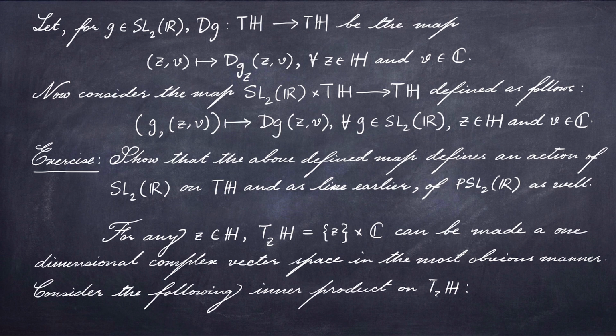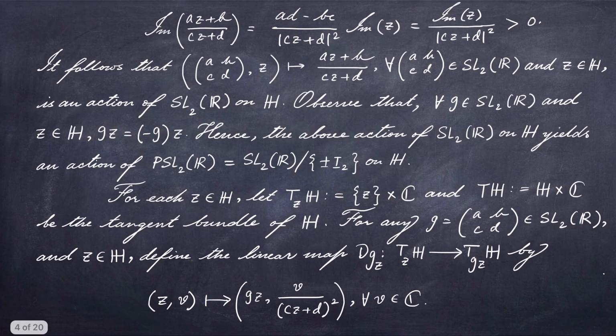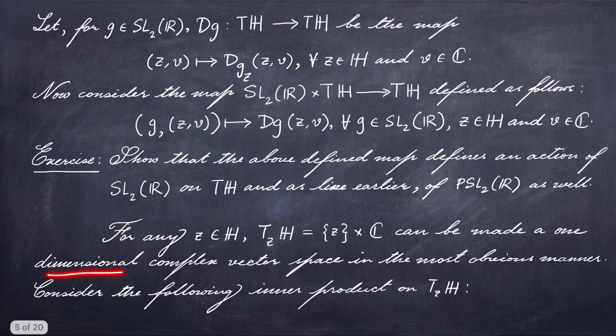So note that for any given z in H, the tangent space admits a natural complex vector space structure. If you have noted, when talking about this map I somewhere said that this map is in fact a linear map. So in order to talk about a linear map, of course, I should have mentioned how these are being made vector spaces. That's exactly the point here.